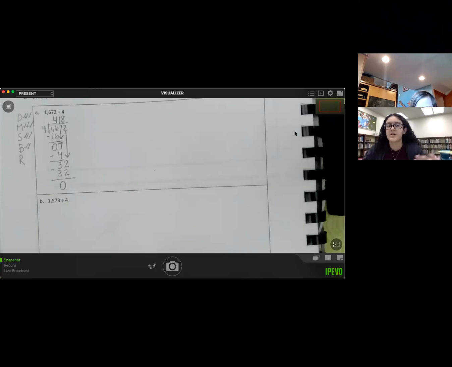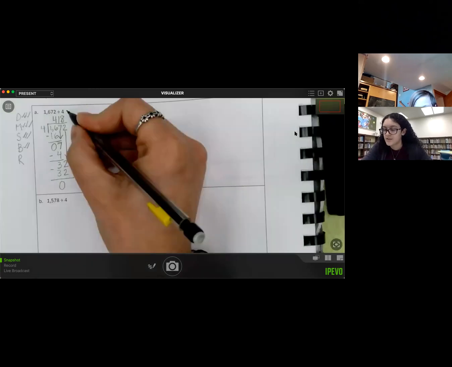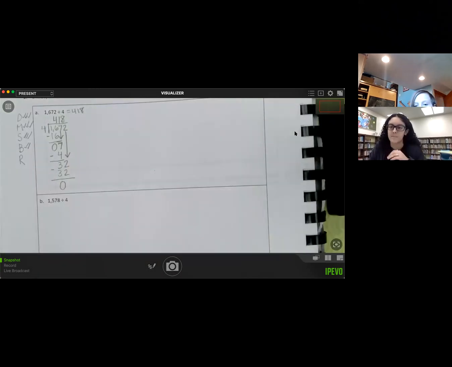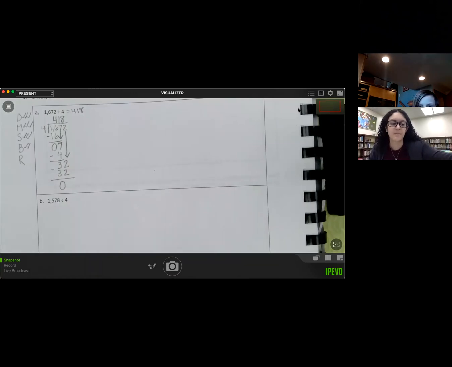Orlando, what can we do to check to make sure we got the right answer here? Check your work. Right, how can we check our work? What operation can we use to check our division problem, Orlando?